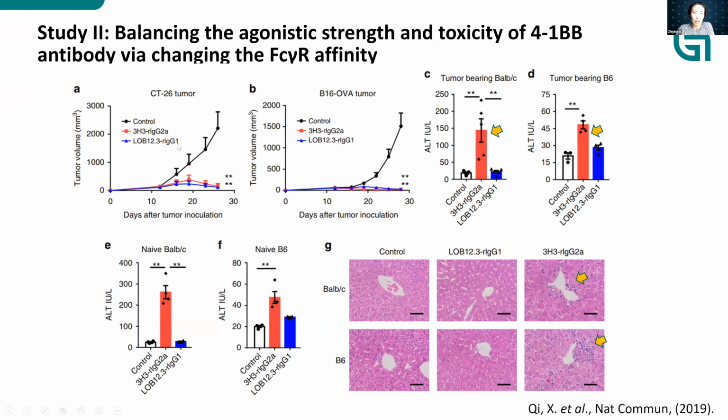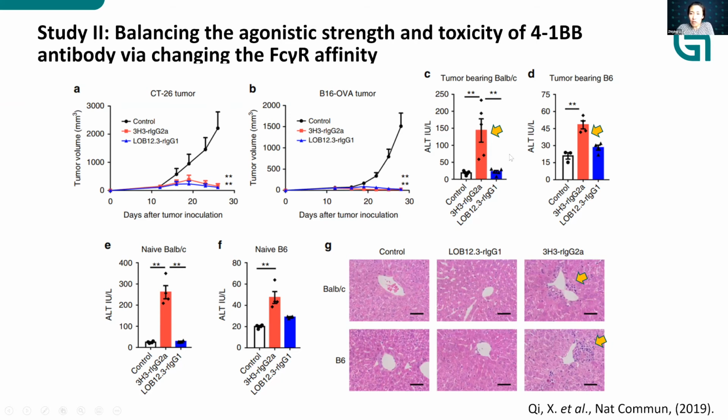As you can tell, they used two tumor cells to look at the efficacy of these two antibodies, the CT26 or the B16 ova tumor. In both situations, whether the Fab is high affinity or low affinity, these two drugs can kill the tumor very effectively.